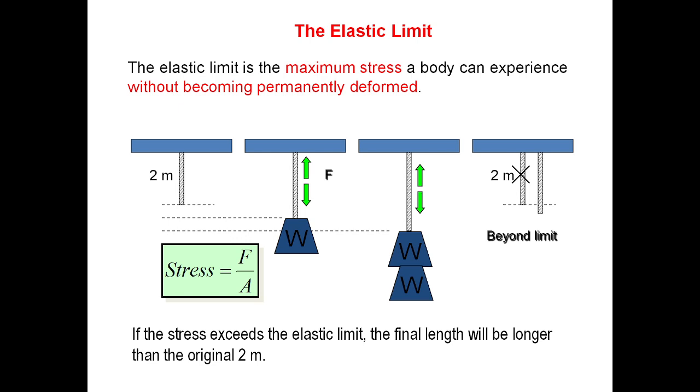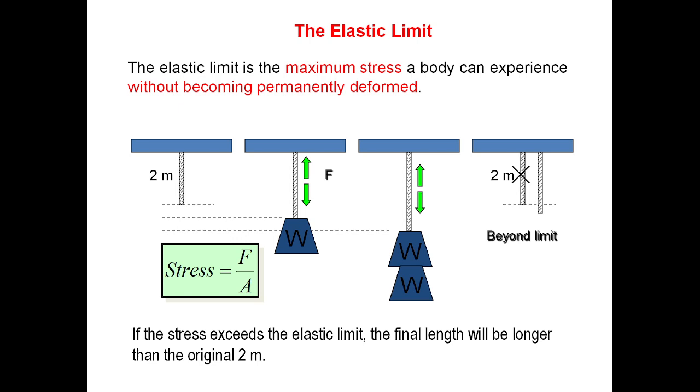One end is fixed, and the other end is loaded with a weight hanger. When weight is added, the length of the wire expands: 2 meter, 2.5 meter, 3 meter, 3.5 meter. Likewise, as more weight is added, the wire will break. That is the elastic limit for that particular wire.